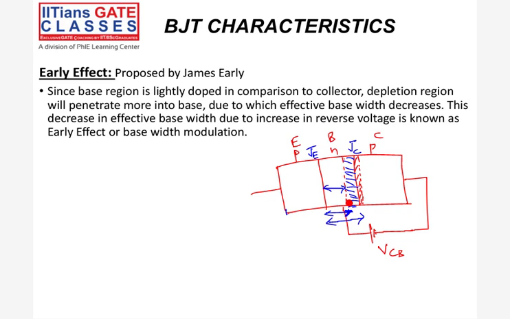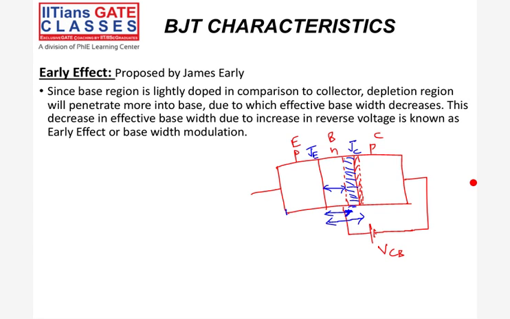Because this is covered by depletion region. This much is covered by depletion region. So this effective base width now decreases. When I increase this voltage more and more, this effective base width continuously decreases.